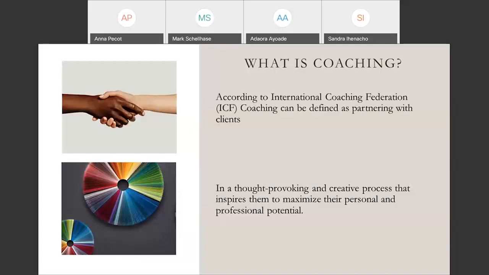So how you coach those individuals will not be the same, even though you're using the same model or the same systematic approach, but how you relate is very important. And you're doing all this to do what? To ensure the person maximizes his personal and professional potential, not just personal potential, but also professional potential. So according to ICF, that is what coaching is.